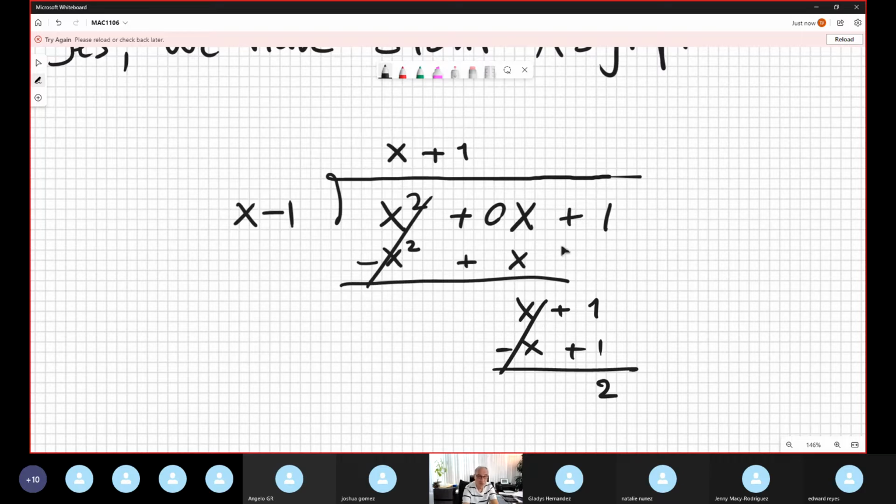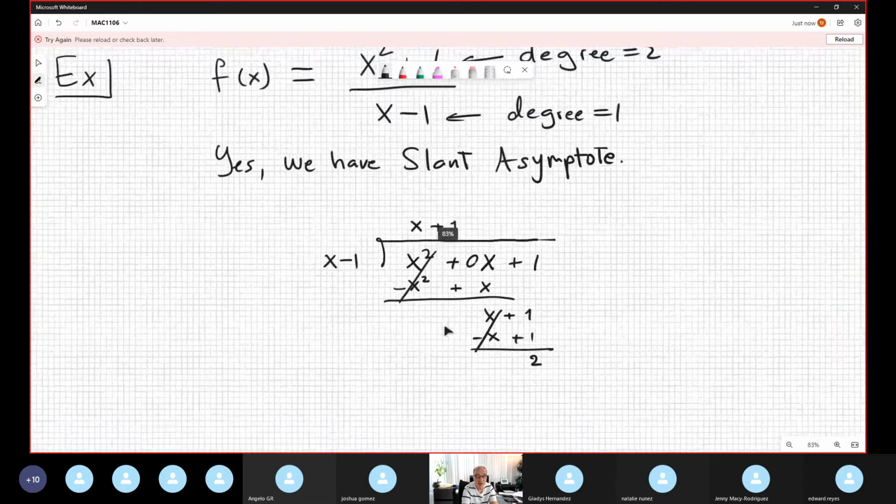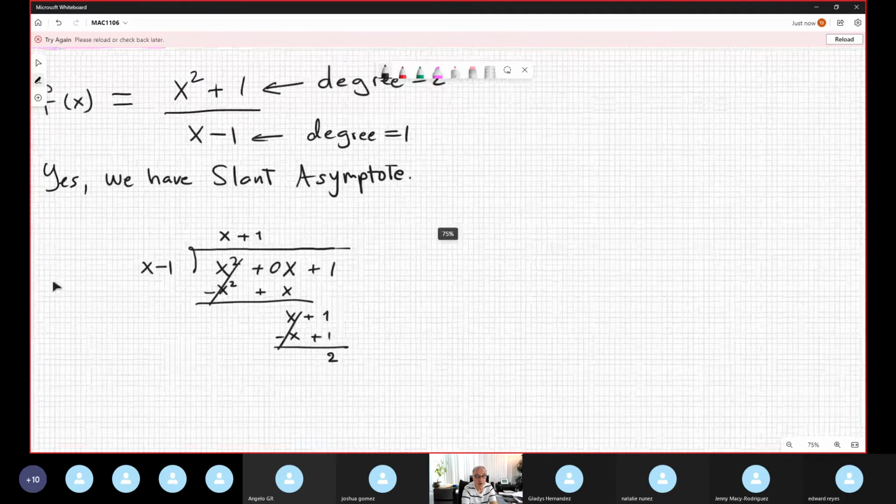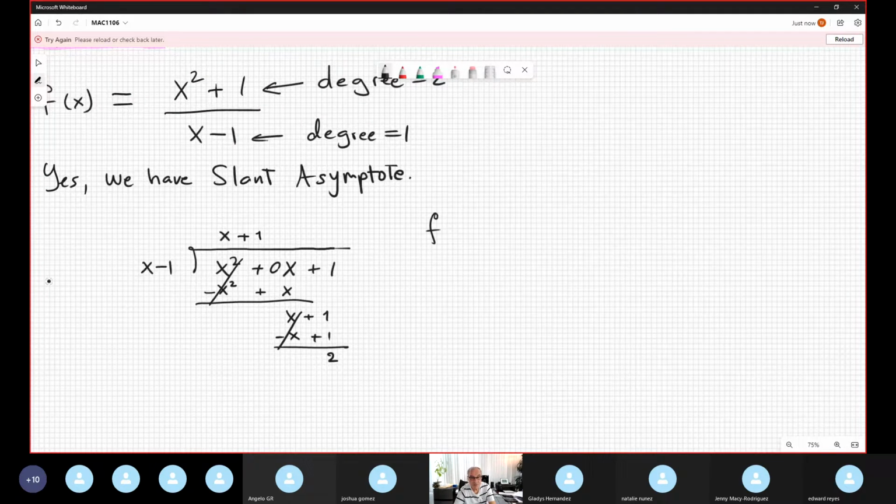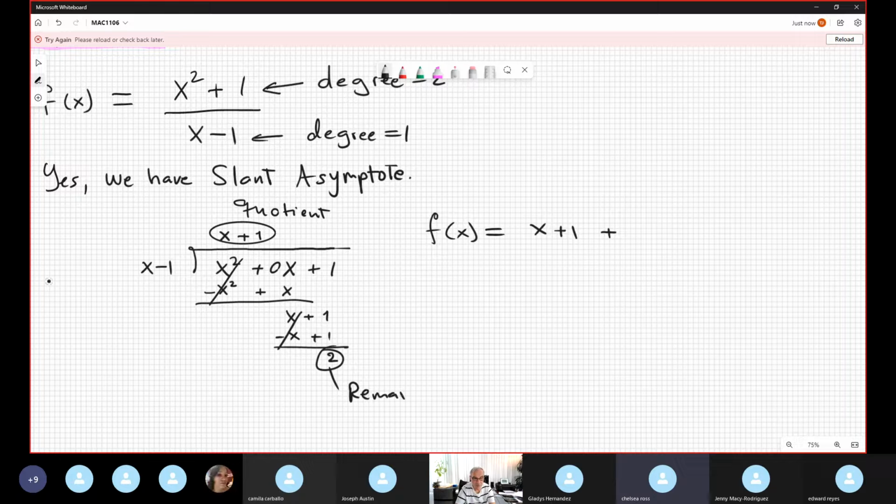Okay, so now, in this crucial moment, I rewrite the function f of x like this. You copy the quotient, which is x plus 1, plus, you copy the remainder, which is 2, and you copy the divisor, which is x minus 1.